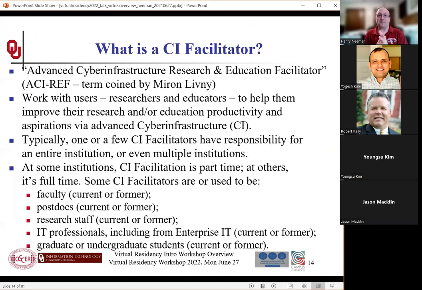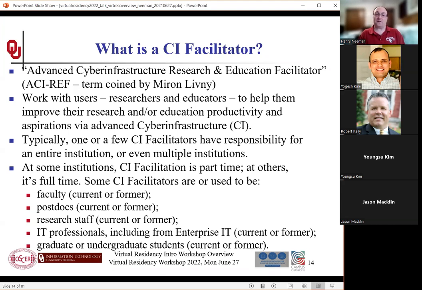Let's talk about facilitators. Miron Livni, the guy who invented high throughput Condor, which is a software technology for doing single core and single node jobs across great geographic distances, coined the term Advanced Cyber Infrastructure Research and Education Facilitator, or ACI-REF. We've sort of squeezed that down just to cyber infrastructure facilitator or research computing facilitator, something like that.